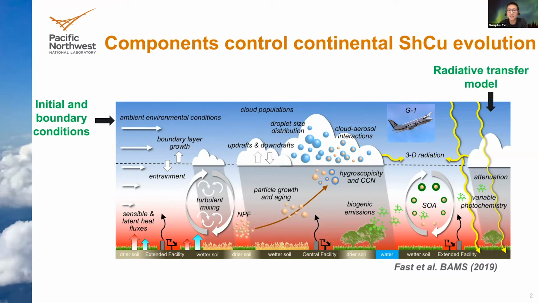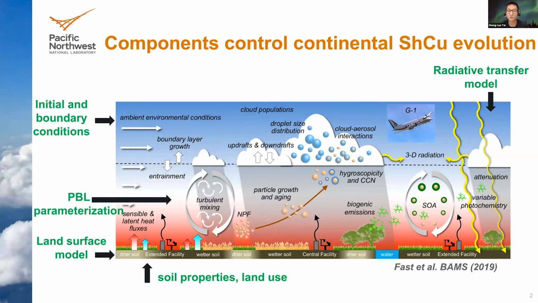In addition, the representation of soil properties and land use are important as well, as they essentially provide the lower boundary conditions in the model. With them, the land surface model partitions the sensible and latent heat fluxes and feeds them into the planetary boundary layer scheme.